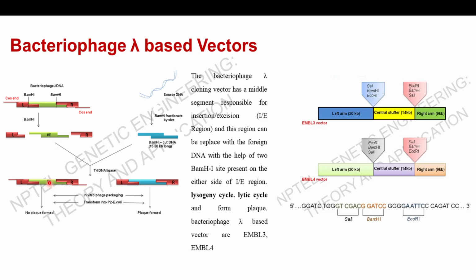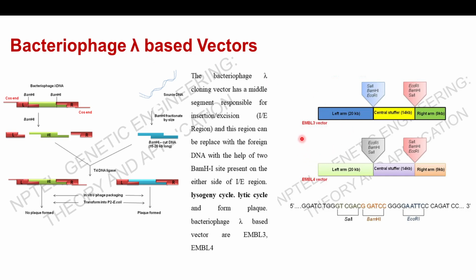This green segment has sites which produce overhangs corresponding to BamHI digestion, and our DNA of interest can also be digested using BamHI so that compatible sticky ends are produced. Then, if the gene of interest is incubated with this and DNA ligase is used, it gets inserted into the bacteriophage lambda. This is actually a virus that infects E. coli cells.